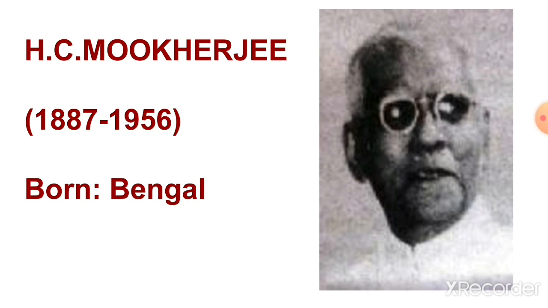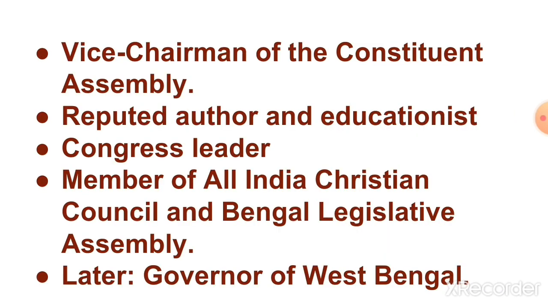H.C. Mukherjee. He was born in the year 1887 and he died in the year 1956. He was born in Bengal. He was vice chairman of the Constituent Assembly. He was a reputed author and educationist.